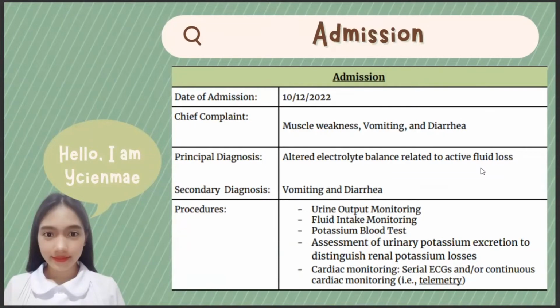Procedures that have been done for the patient are urine output monitoring, fluid intake monitoring, potassium blood test, assessment of urinary potassium excretion to distinguish renal potassium losses, and also cardiac monitoring, which are the serial ECGs and or continuous cardiac monitoring that is called telemetry.